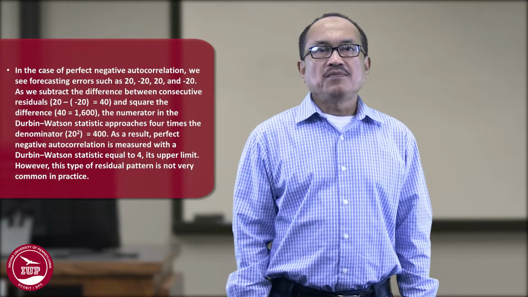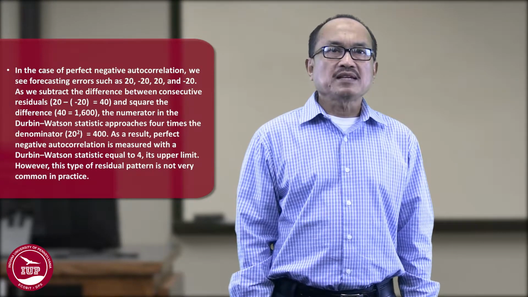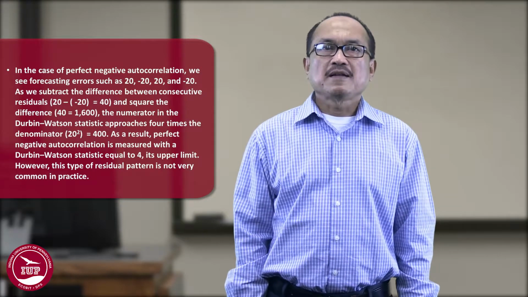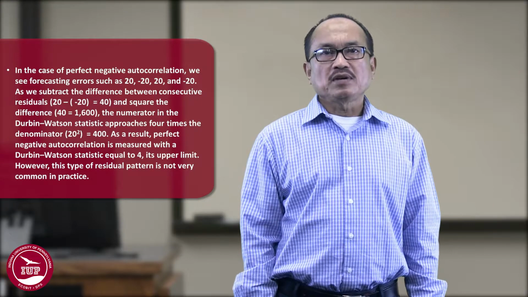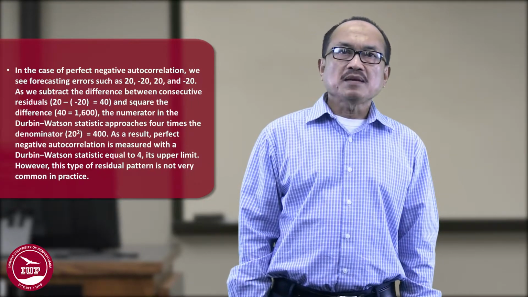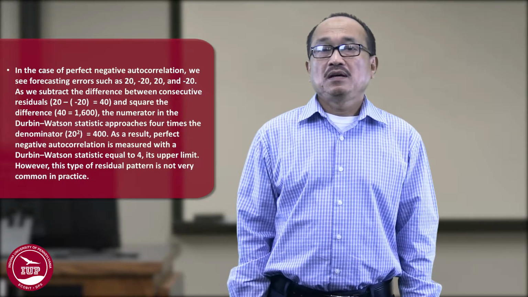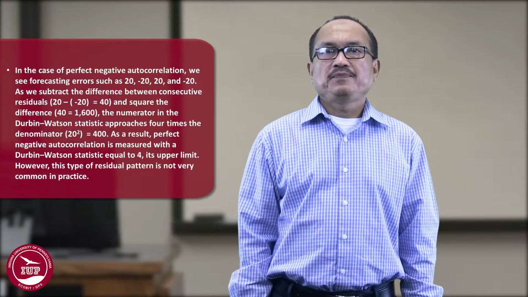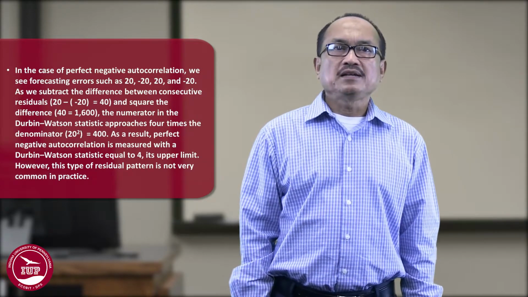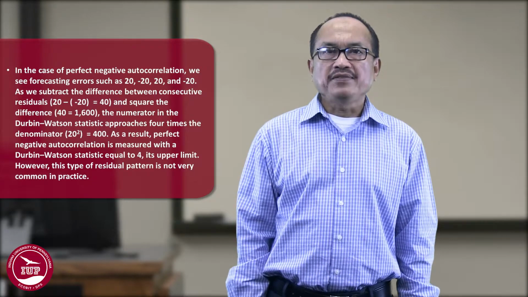In the case of perfect negative autocorrelation, we see forecasting errors such as 20, minus 20, 20, and minus 20. As we subtract the difference between consecutive residuals, 20 minus minus 20 equals 40, and we square the difference: 40 squared equals 1600.